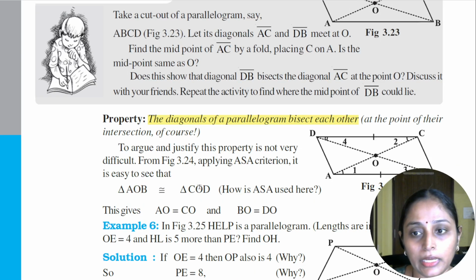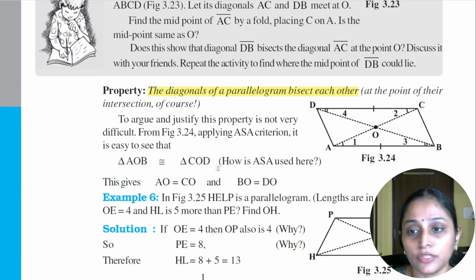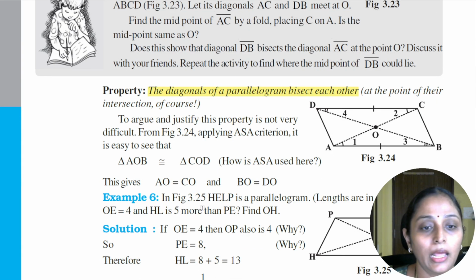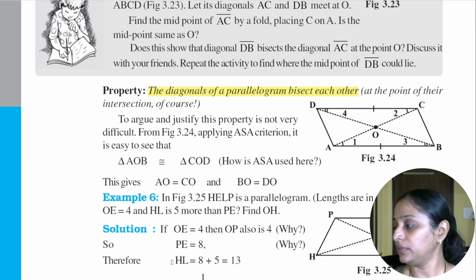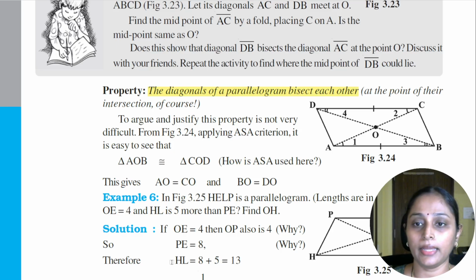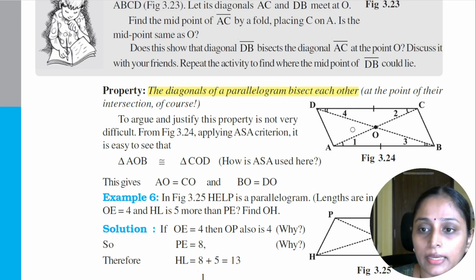Now, can you do that using the congruency of triangles that we have already proven? Here what they have done is, instead of taking triangle ABC and ABC, they are taking triangle AOB and COD.